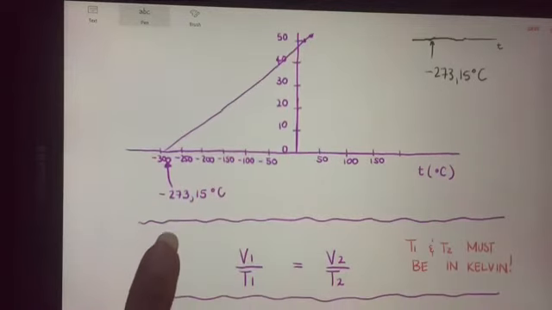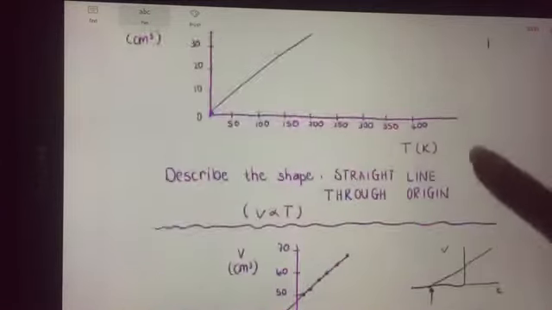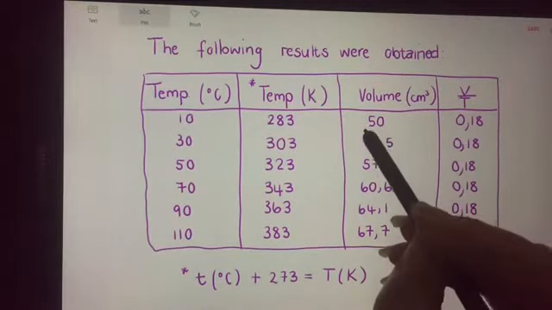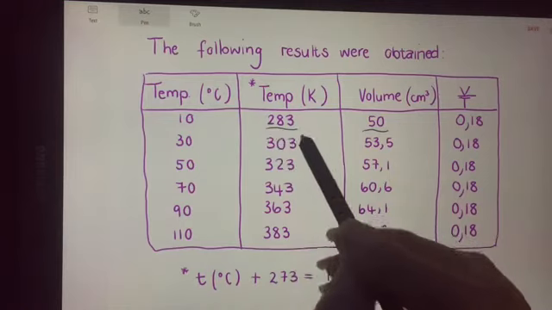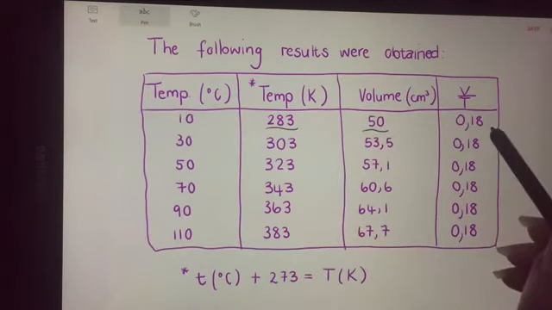And then, of course, the formula that we use for Charles's law looks like this: V1 divided by T1 is equal to V2 divided by T2. The most important thing in this formula is that both temperatures must be in Kelvin. So just to quickly show you where we get that from: if that is my V1 and that is my T1, V1 divided by T1 is 0,18.